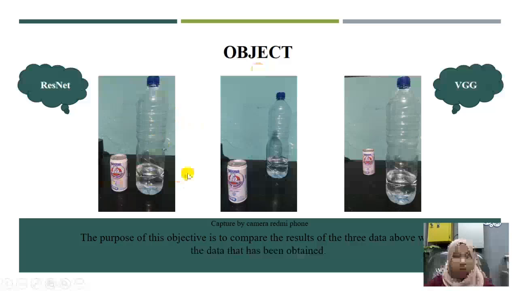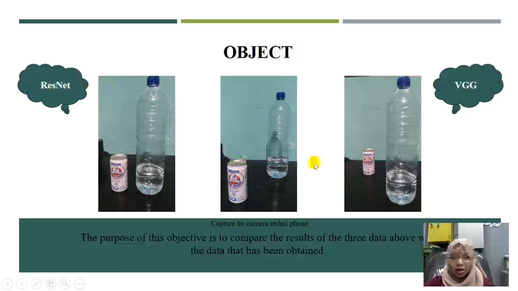The data of each object is taken with three conditions. One, we take a photo side by side in the first photo. Two, from position one, we move the bottle about 10 or 15 centimeters from the position of the can.